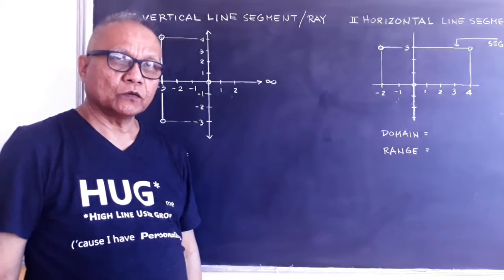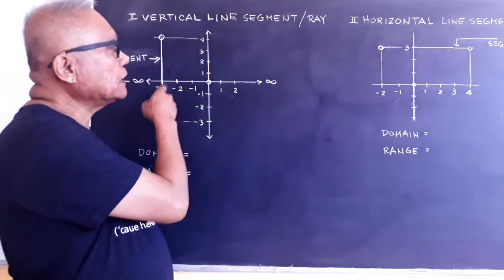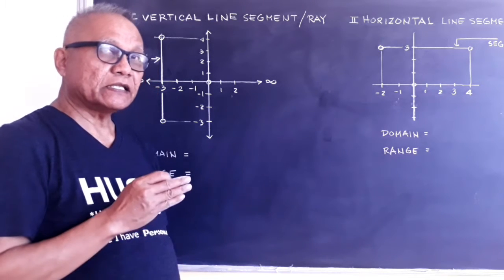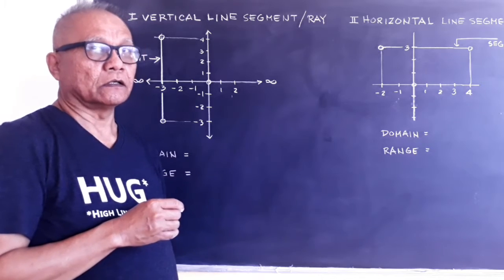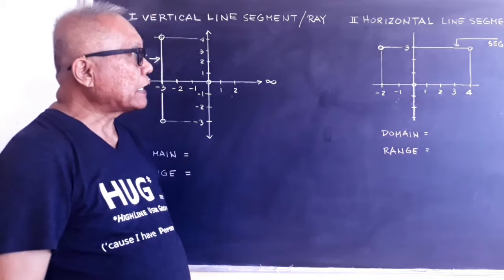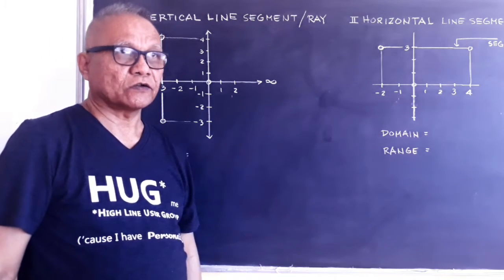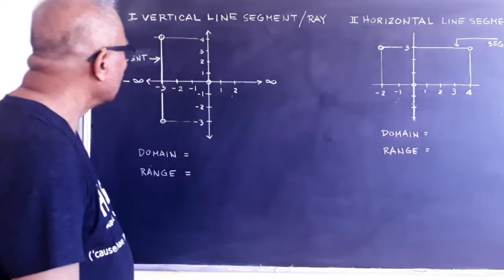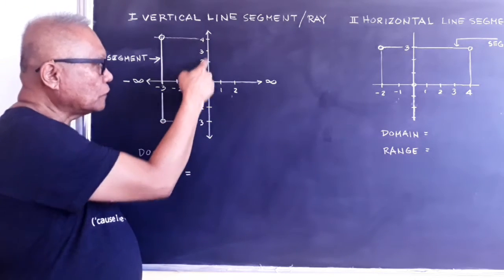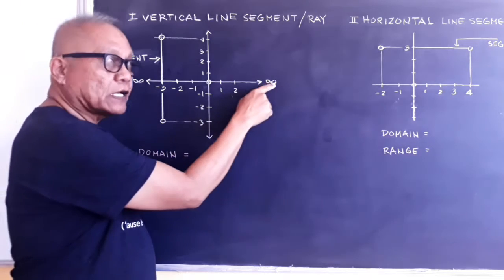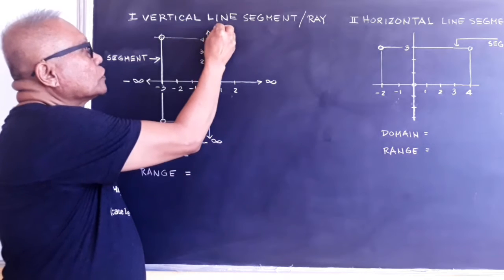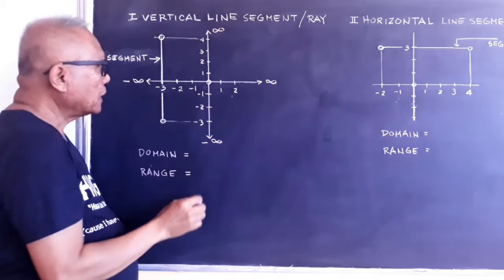Okay, we have now again the vertical, but this time it is not a line, but a line segment or ray, and also a horizontal line segment or horizontal ray. So here we have the origin, the y-axis, and the x-axis, with negative infinity to positive infinity going up.